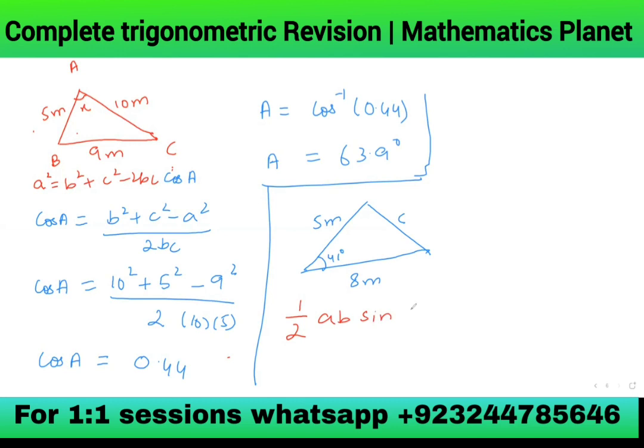Because two sides and the included angle are given, we will use half ab sine C. Teacher, I got the answer 13.12. Half ab sine 41, and you will get the answer 13.12 meter square.